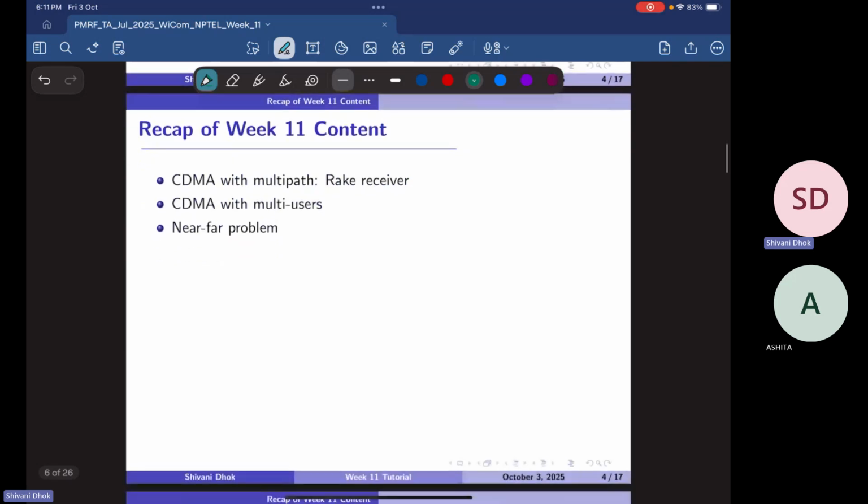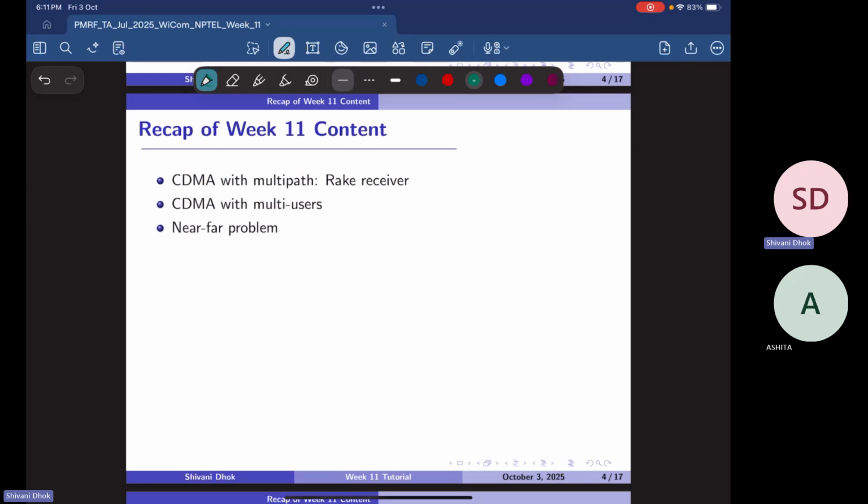Then when we have multiple users in a system, we see something known as the near far problem. So what does that mean? Let's say you have two users. One is close to the base station and another is farther away from the base station, and both are simultaneously transmitting, let's say, with the same power.